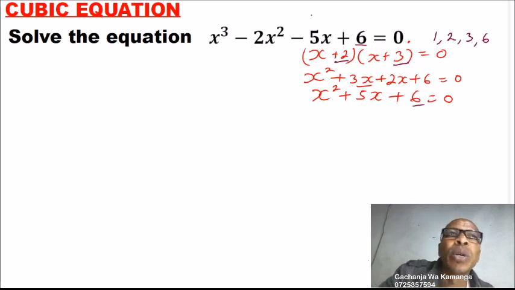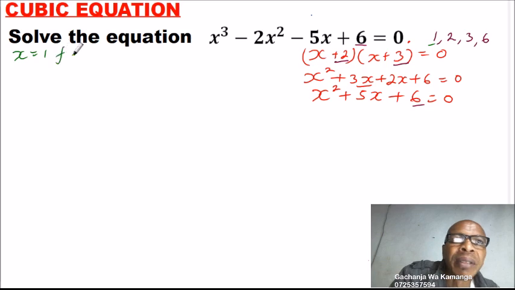So what we do here is, before we do that, we ask what is the value of our equation when x is equal to 1.